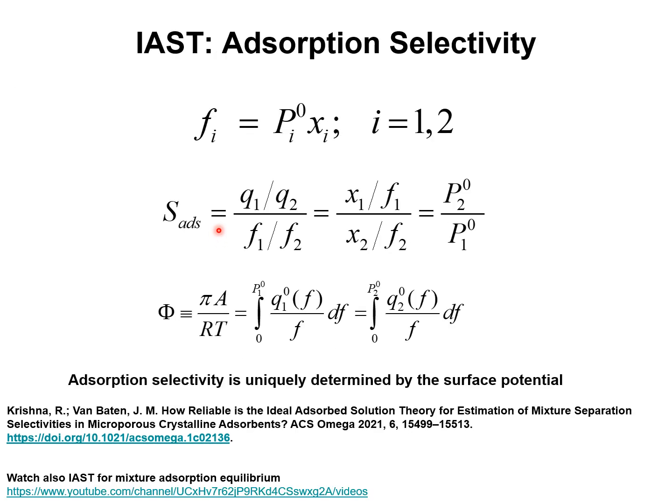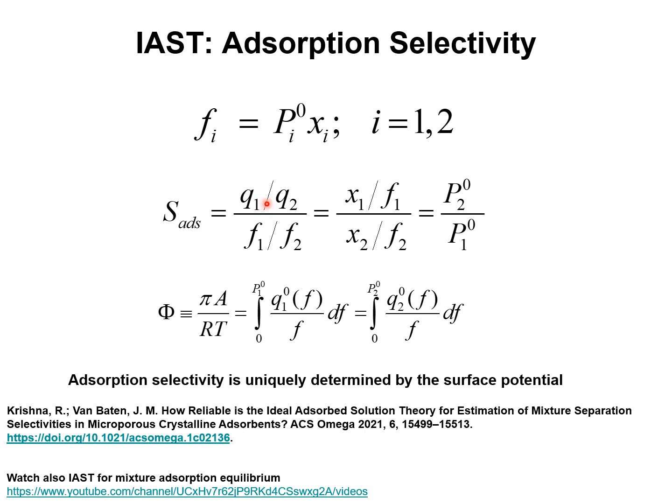When the tenets demanded by the IAST hold, we may derive a simple expression for the adsorption selectivity, which is the ratio of the component loadings, molar loadings for 1 and 2, divided by the partial fugacities of components 1 and 2 in the bulk vapor mixture.